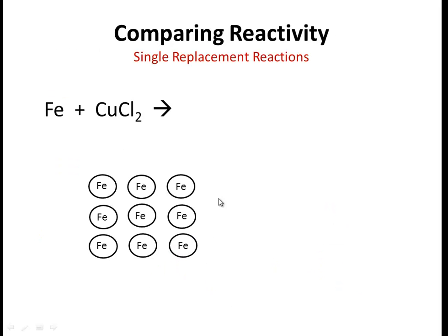Now specifically, let's go a little deeper and see if we can explain what we observed in lab when we took the iron nail and reacted it with copper 2 chloride solution. Here's the beginning of the reaction. Here I'm representing the metal with this array of iron atoms.